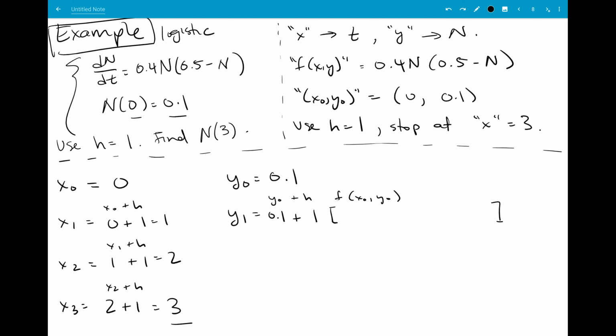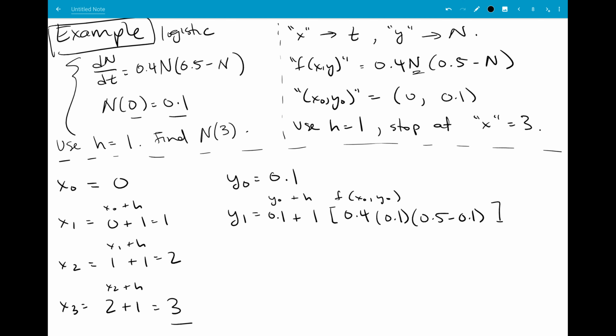So we're going to just plug in everywhere we see N our current inputs, x0, y0, which unfortunately for this problem doesn't actually involve the x value, but that's okay. So it's 0.4 times 0.1 times (0.5 minus 0.1).